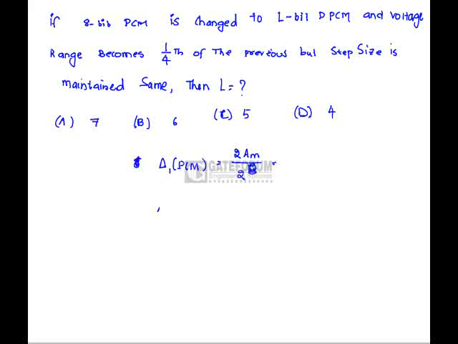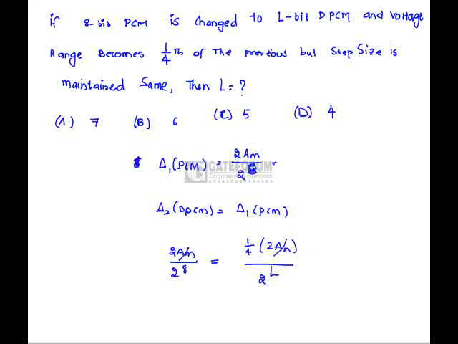Now in case of delta 2 for DPCM, which equals delta 1 of PCM, but the voltage range becomes 1/4. That is, 2 AM by 2 power 8 equals 1/4 of the 2 AM divided by 2 power L. This AM gets cancelled, this 2, 2.